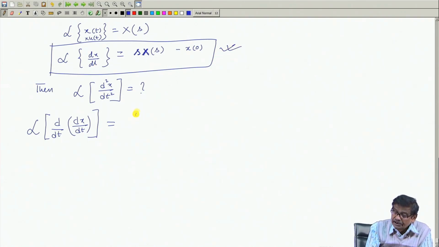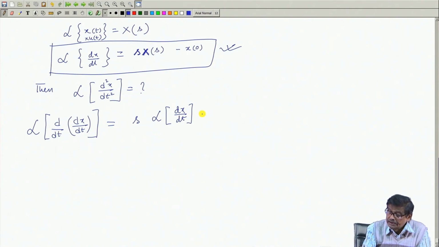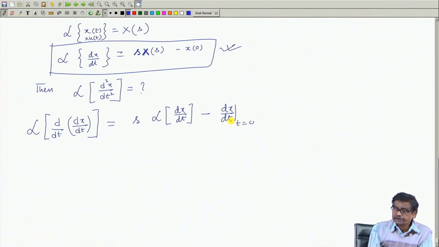So, what will it be? It will be s into the Laplace transform of dx/dt, minus the functional value of dx/dt at t equal to 0, by this argument.